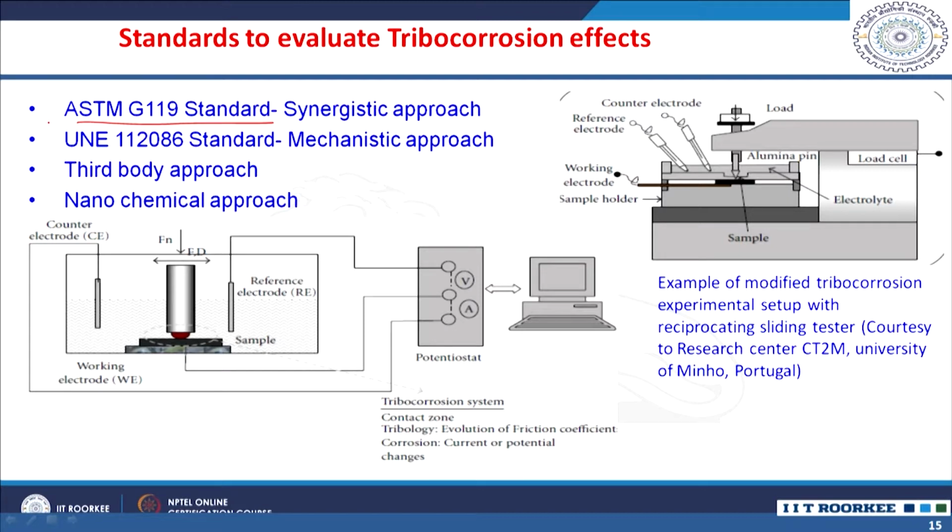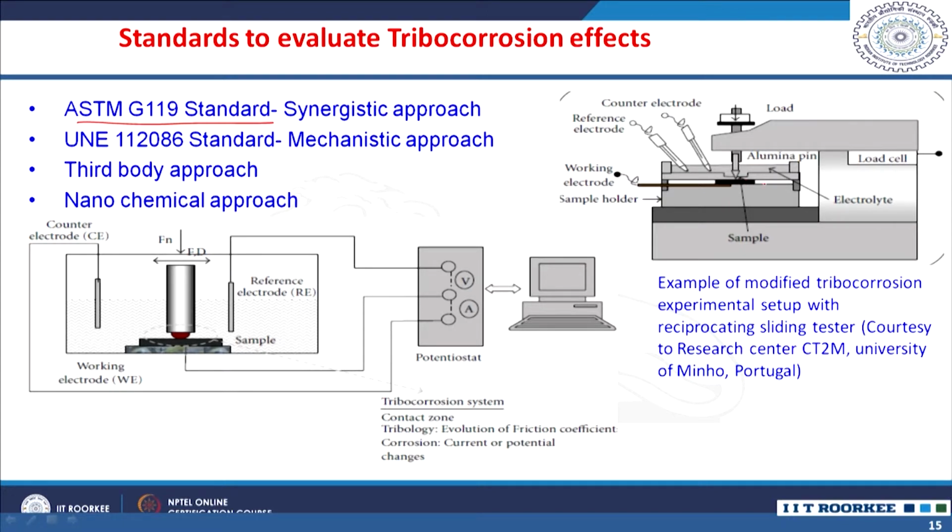The wear by the synergetic approach can be estimated by this standard, or the UNE 112086 standard for the mechanistic approach, or the third body approach, nanochemical approach. There are several standards available to evaluate such tribochemical wear, right. So, these are all experimental approaches modified to evaluate the tribocorrosion wear.